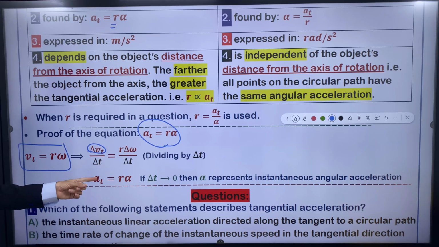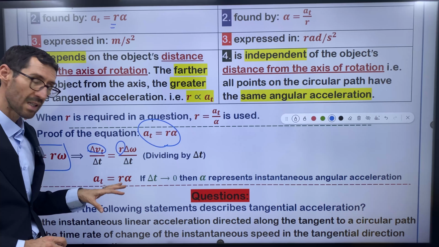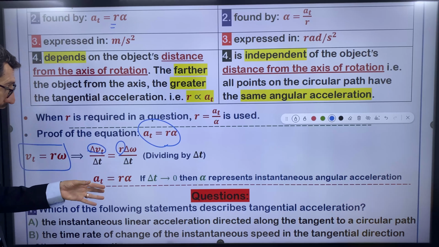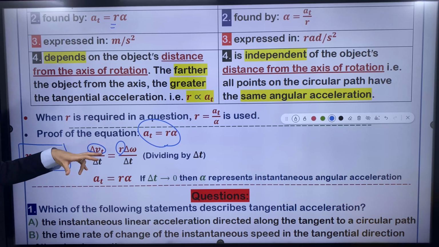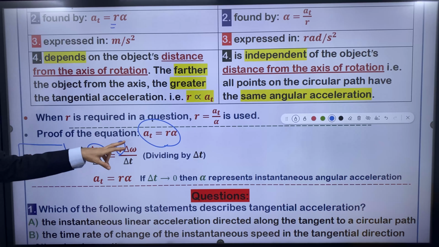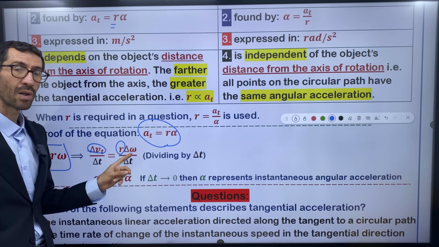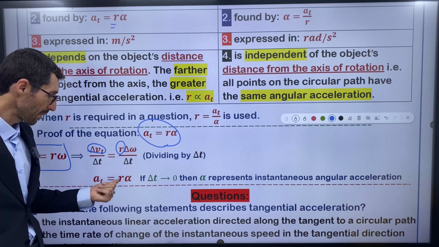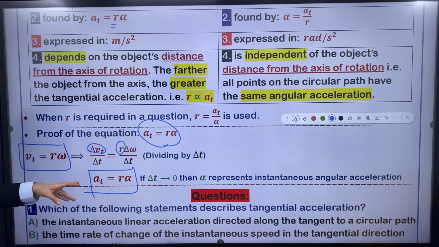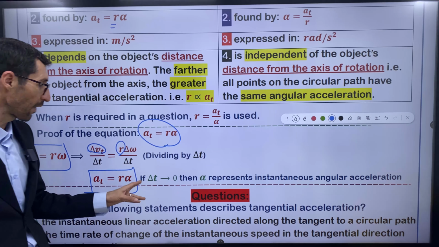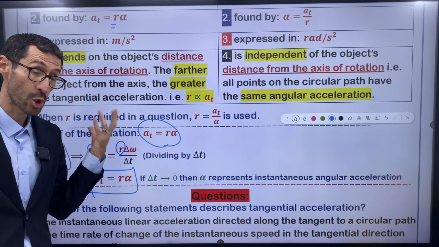Tangential acceleration is equal to R, which remains as it is, just bring it down. I want you to write it as it is. Delta omega divided by delta t means the time rate of change of angular speed, which means alpha. And the equation is AT is equal to R alpha, if delta t approaches zero, if the time interval is very short.